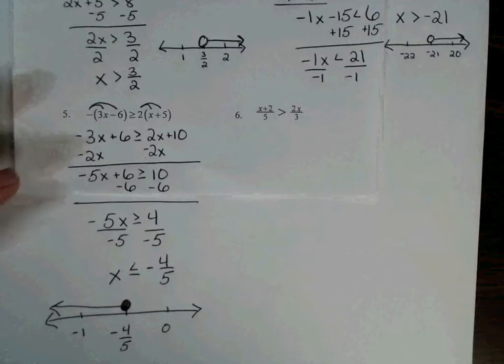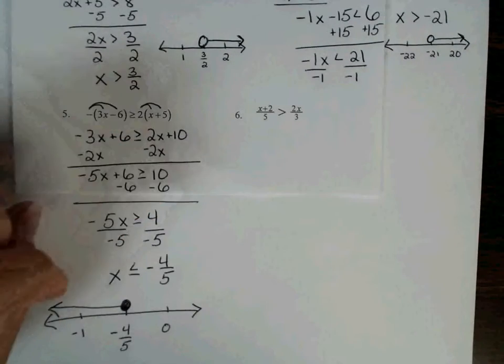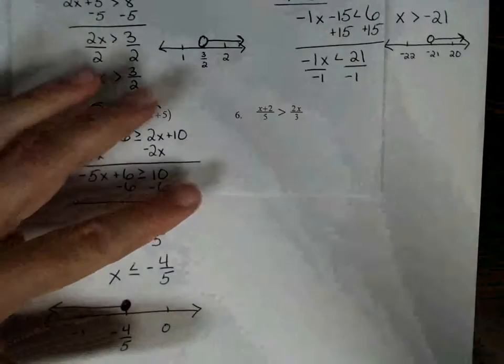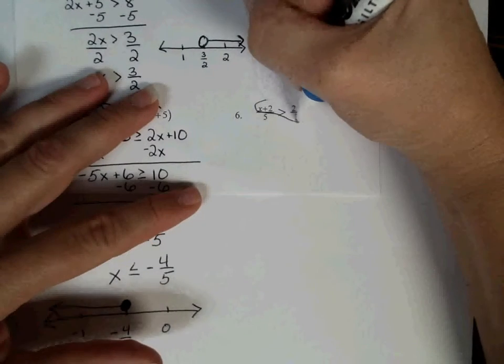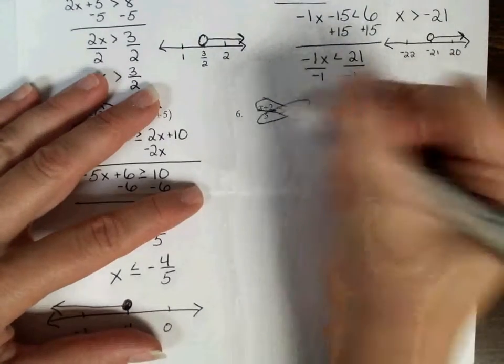Okay, number 6 is a fraction that's greater than another fraction. And the way we solve this is by proportions, which means you cross multiply. So I'm going to cross multiply those two, and I'm going to cross multiply those two.